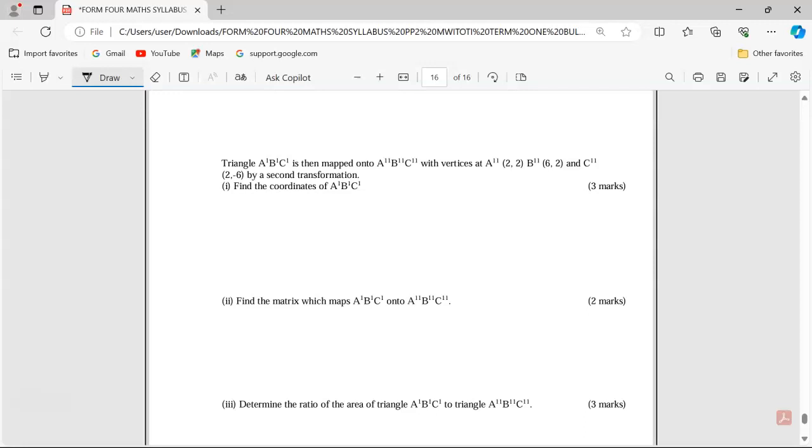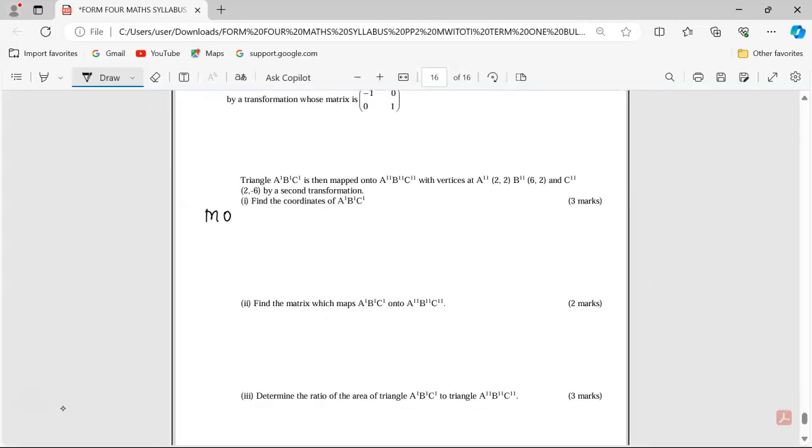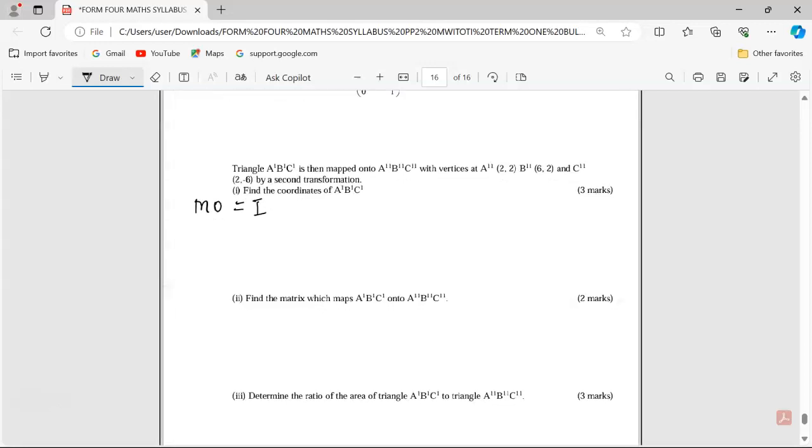So for us to get the coordinates of the image triangle, we need to remember that a matrix multiplied by the object's coordinates, when written as column vectors, should give us the coordinates of the image. So that is where we begin.